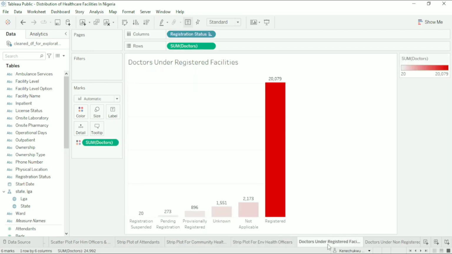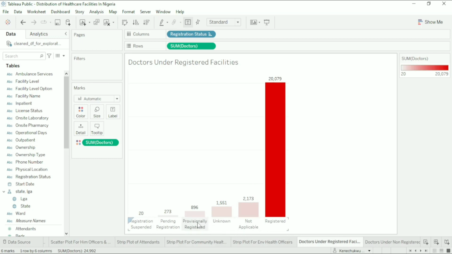Now, okay, let's check a new chart. Yeah, we are having doctors under registered facility. Most of the doctors are registered. They are working in a registered facility, which is actually good for Nigerians and everything. There are some working in facilities where it is not applicable.